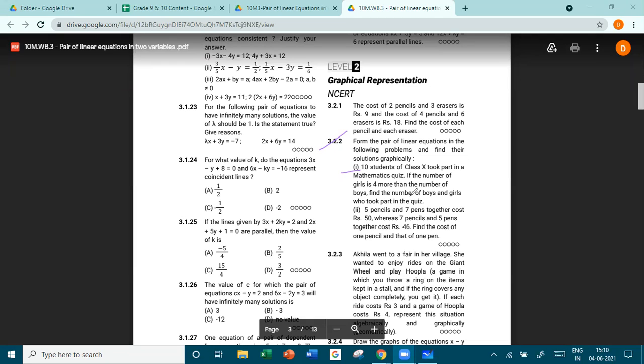Neki, first equation is correct. Second equation, try again.